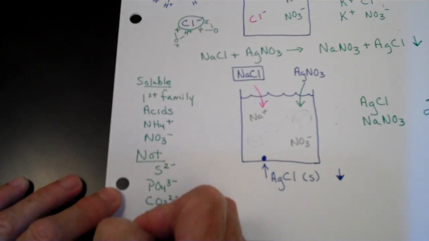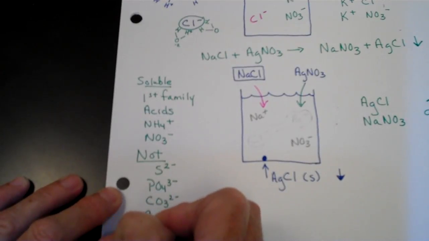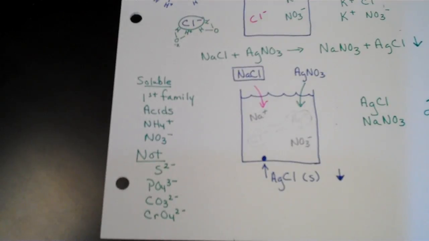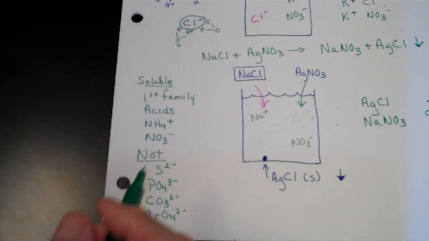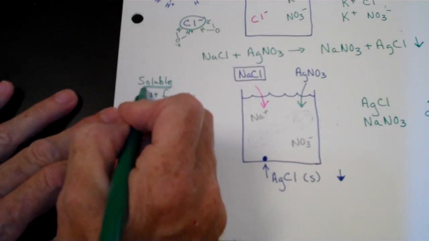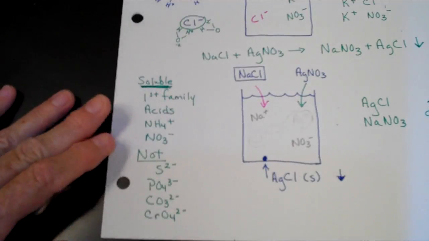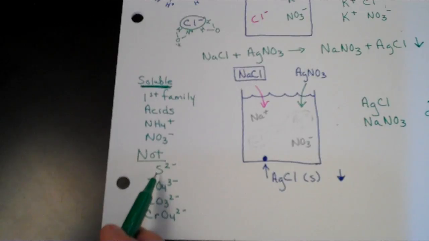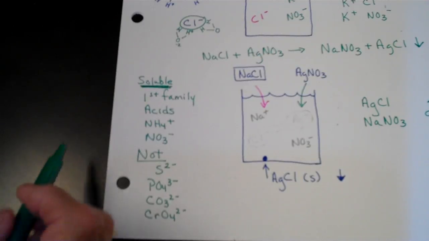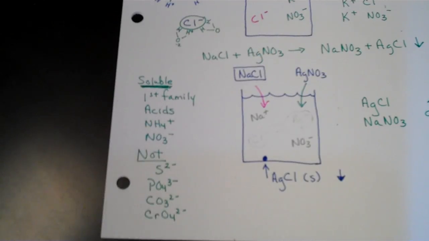We don't deal a lot with chromates for health reasons. So what does not mean? Well, it means these are not going to be soluble unless they're with a member of the soluble group. So sodium sulfide would be soluble, but something like an iron sulfide would not. The soluble rule always takes precedence over other rules.